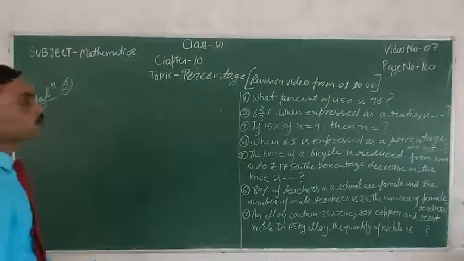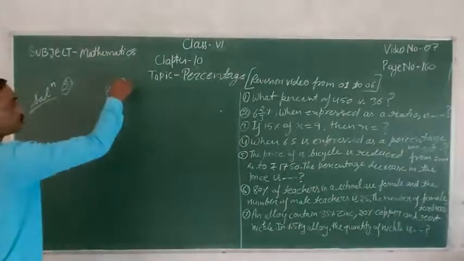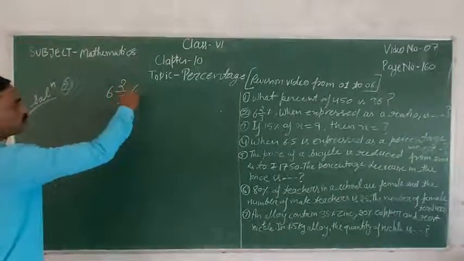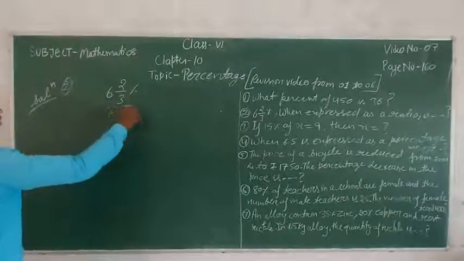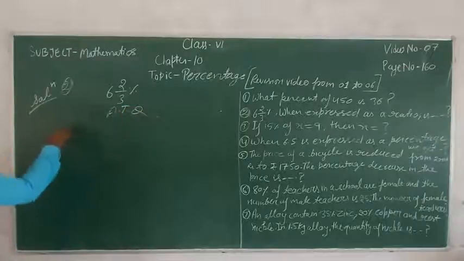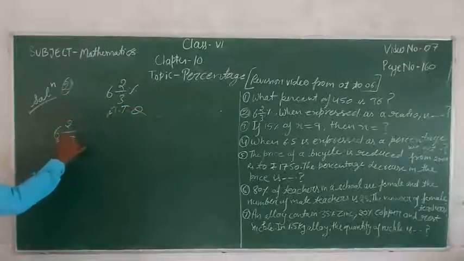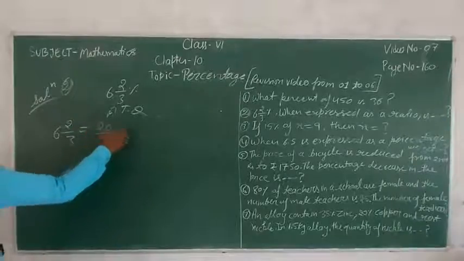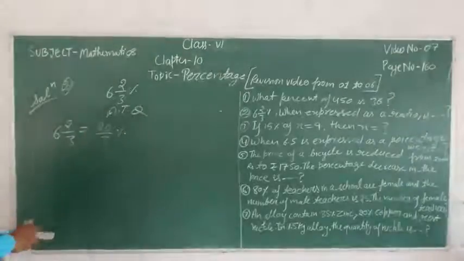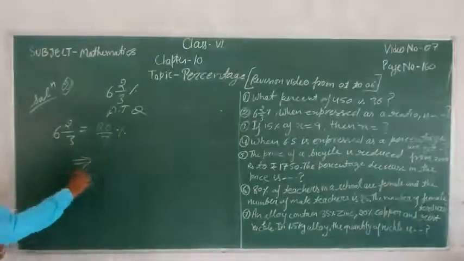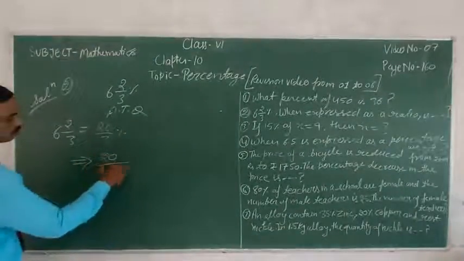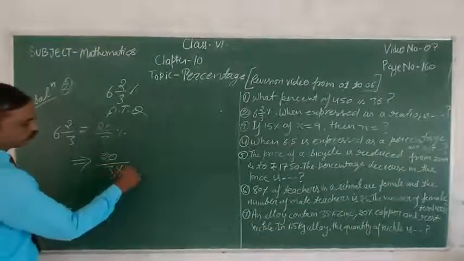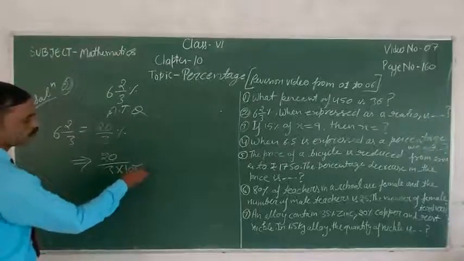And in solution number 2, it is given to us 6 into 2 by 3%. According to question, we can write 6 into 2 by 3 as 20 by 3%. Or further, this can be written as 20 by 3 upon 100.